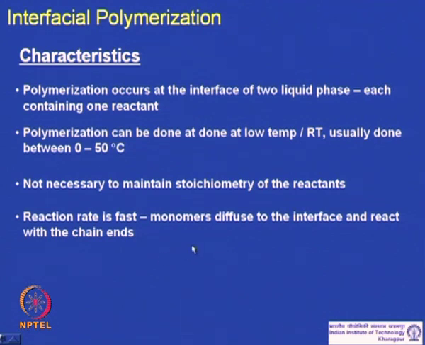Now, the reaction is fast. So, when the monomer diffuses to the interface, immediately it finds a reactive chain end, and it reacts before it can even approach the other monomer, which means that, unlike the linear polycondensation reaction we talked about, it happens in a kinetically controlled way and it is very fast.